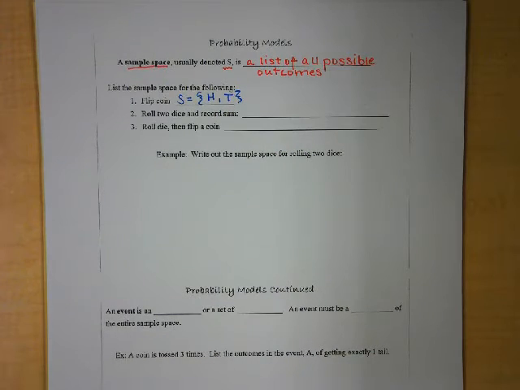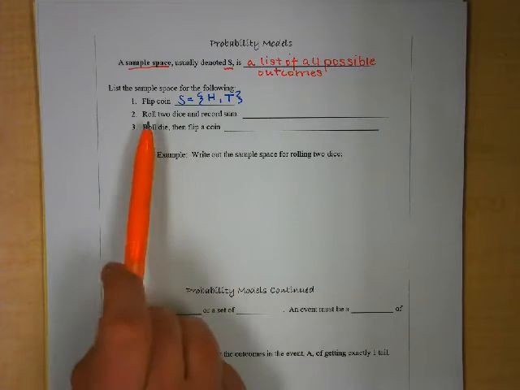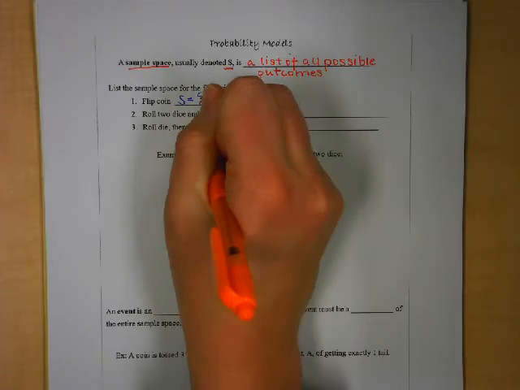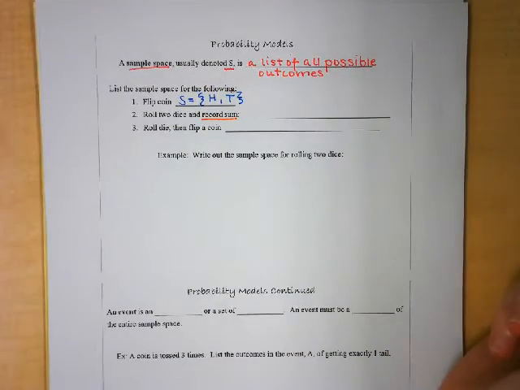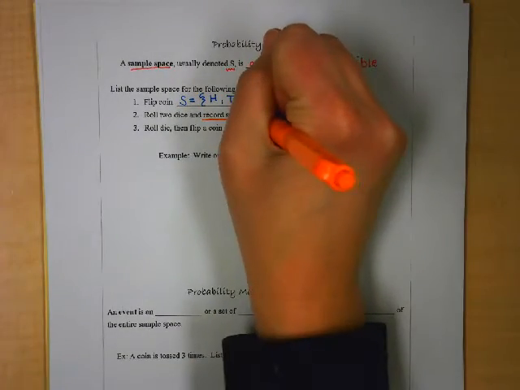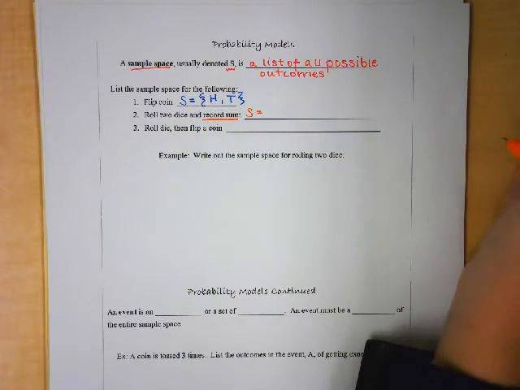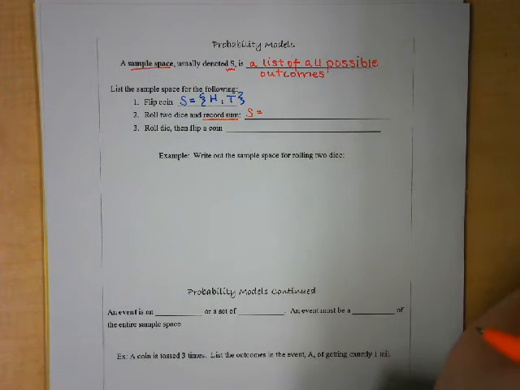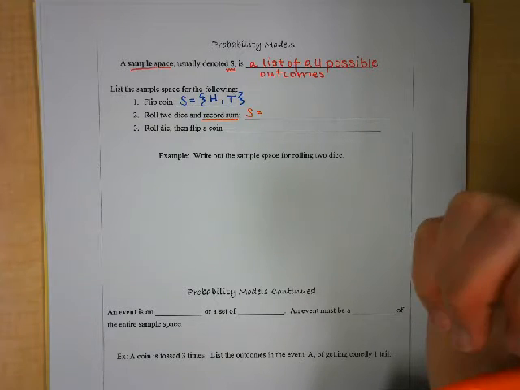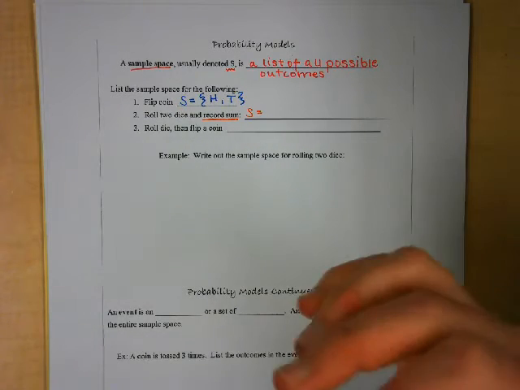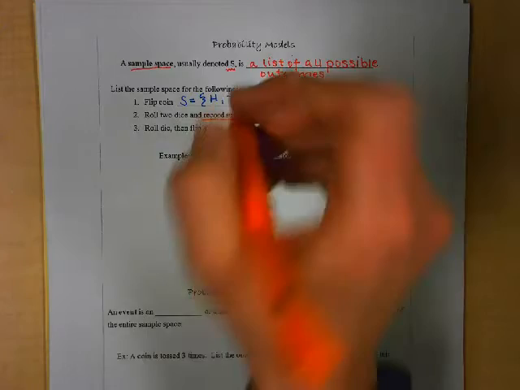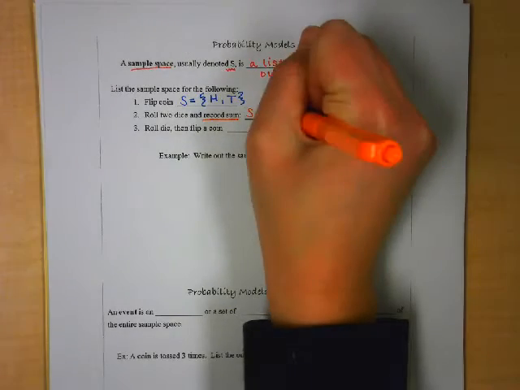If I want to find the sample space for rolling 2 dice, and then record the sum, the sum is my sample space. So I'm going to put S equals, and then I have to think about all the different sums I can get when I roll 2 dice. The smallest would be I get a 1 on the first die and a 1 on the second die. When I add them, I get 2.